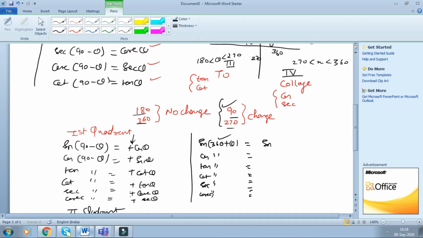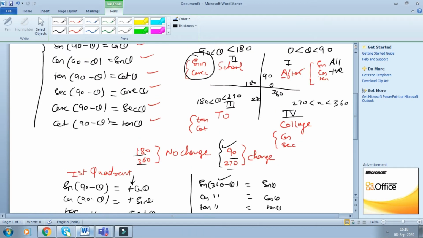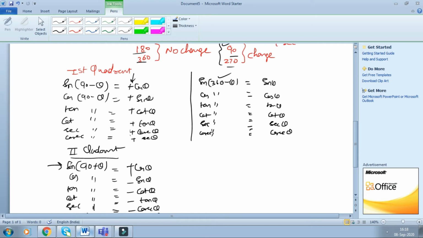So sine remains sine, cos remains cos, tan remains tan, cot remains cot, sec remains sec, and cosec remains cosec. But in the first quadrant, since all are positive, all the results are positive. So we need not worry about the sign in the first quadrant.